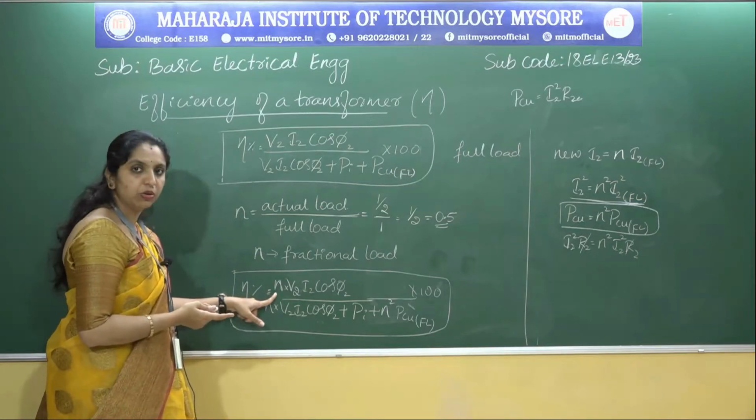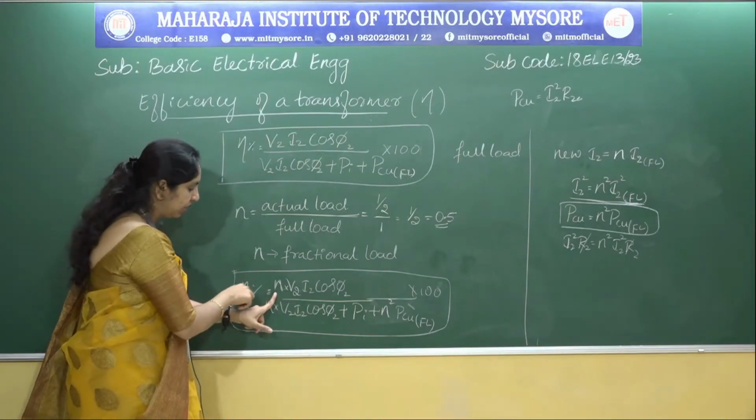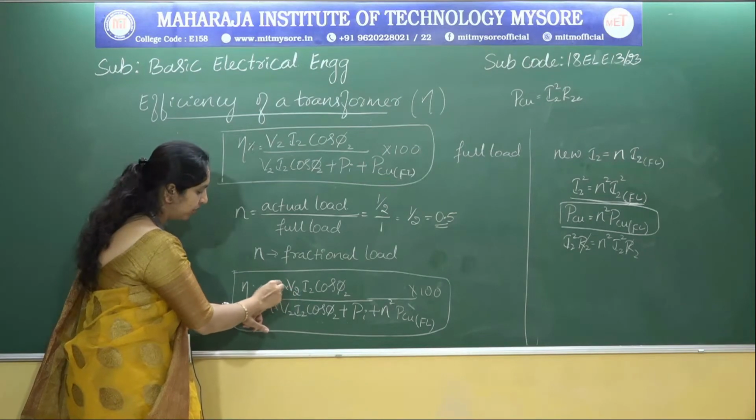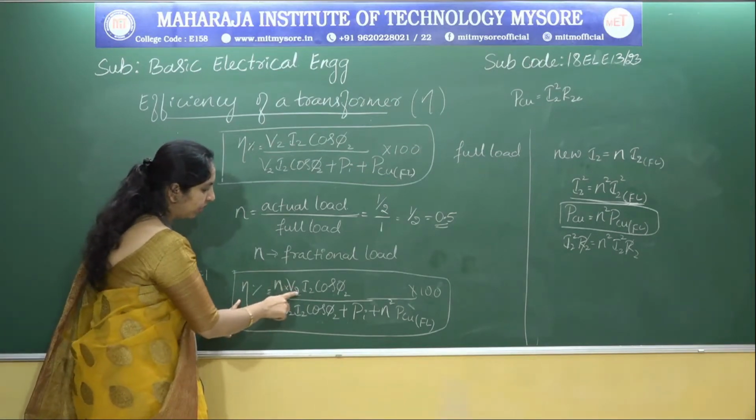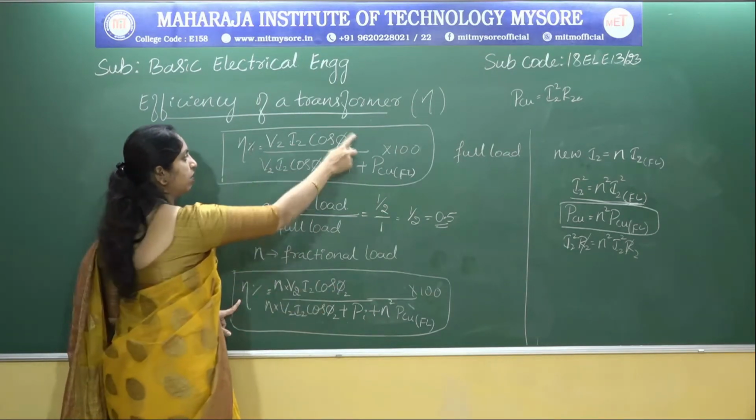If we substitute n is equal to 1 here, what happens? Efficiency eta is equal to V2 I2 cos phi 2 divided by V2 I2 cos phi 2 plus Pi plus PCU full load. Don't you get the same?